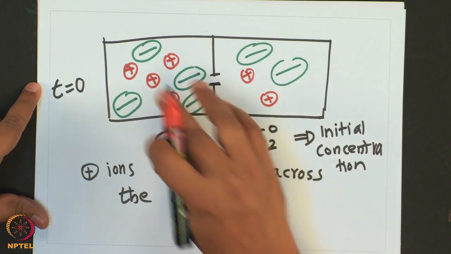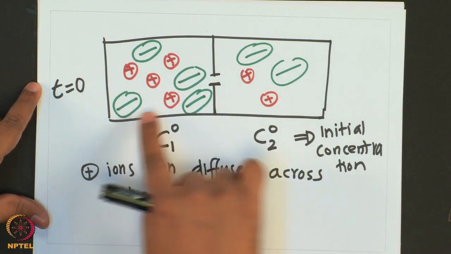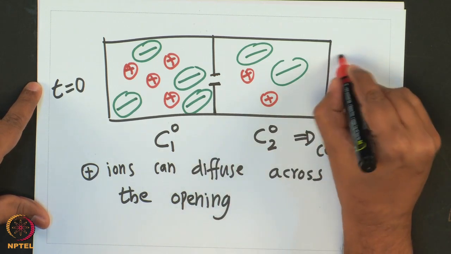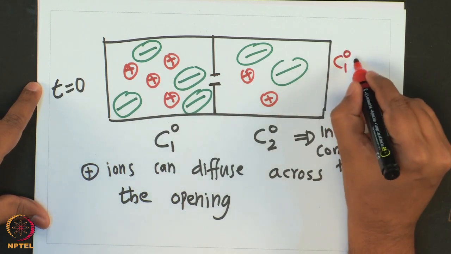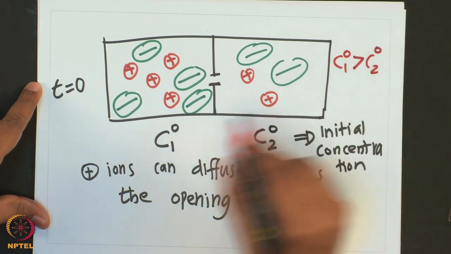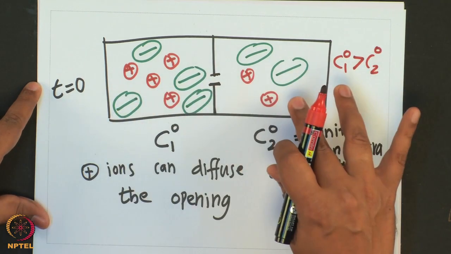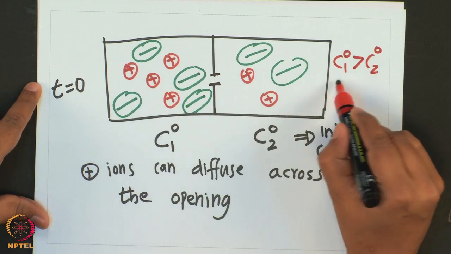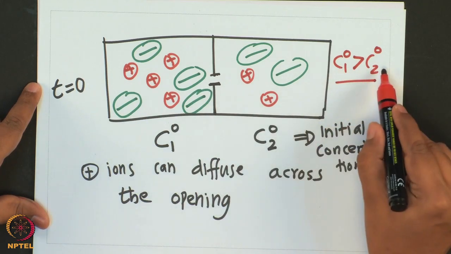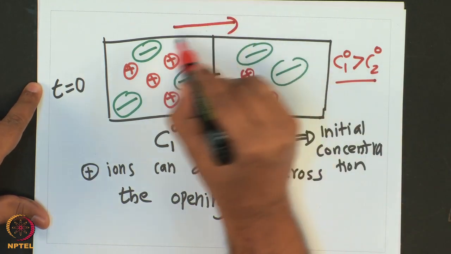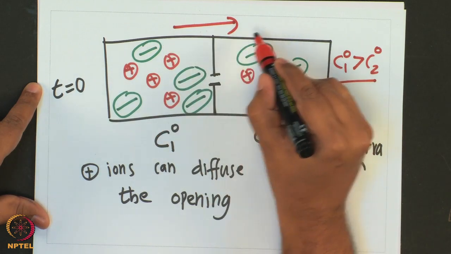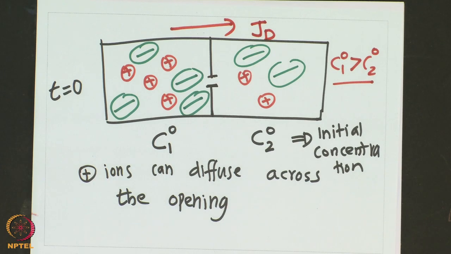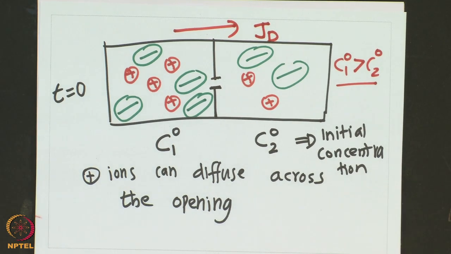Since there is a higher concentration on the left side compared to here, we know from this that C10 is larger than C20. Of course, I have drawn more ions here than here, which is to imply that C10 is larger than C20. So, since C10 is larger than C20, there will be a flow from this to this. This flow is due to diffusion, so let us call it JD.